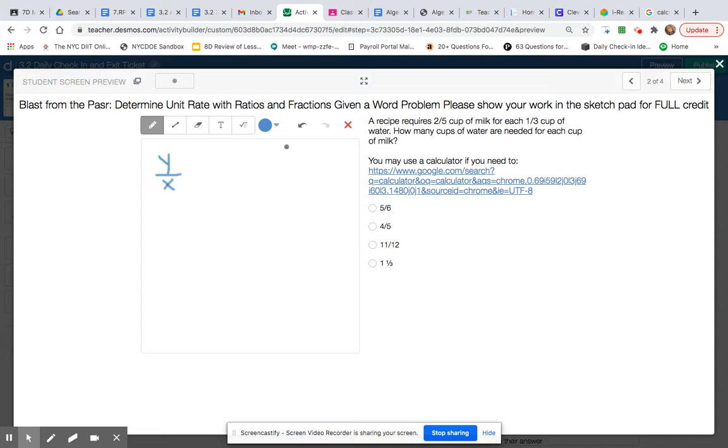And remember, for unit rate, x is always 1. Whether we're dealing with a graph or a table, our x is always equal to 1. In this case, we need to figure out for each cup of milk.